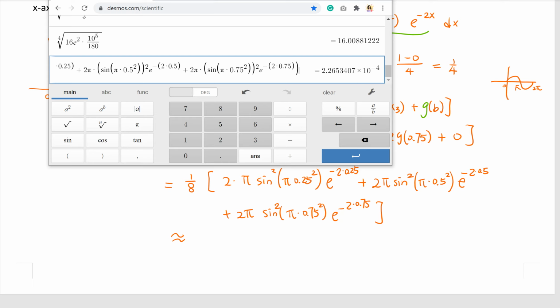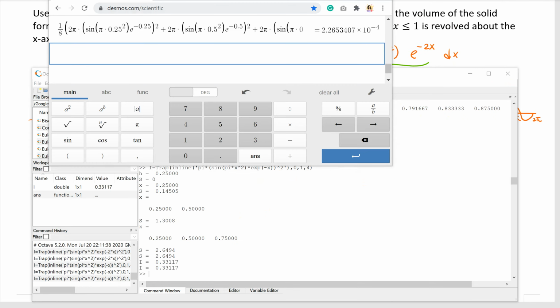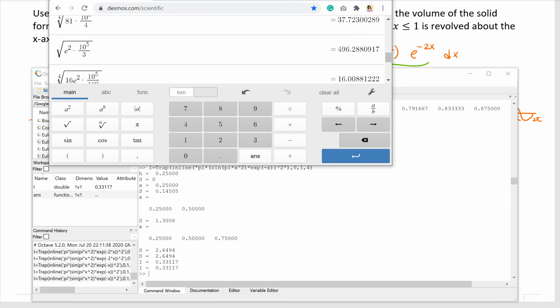Okay, and let's see what is the answer. Hi everyone, I realized the number is super small. Then I realized I have a mistake. See, this is degree mode and we need radian mode. Okay, after we have the calculator set in radian mode, this is our answer, 0.3311727.